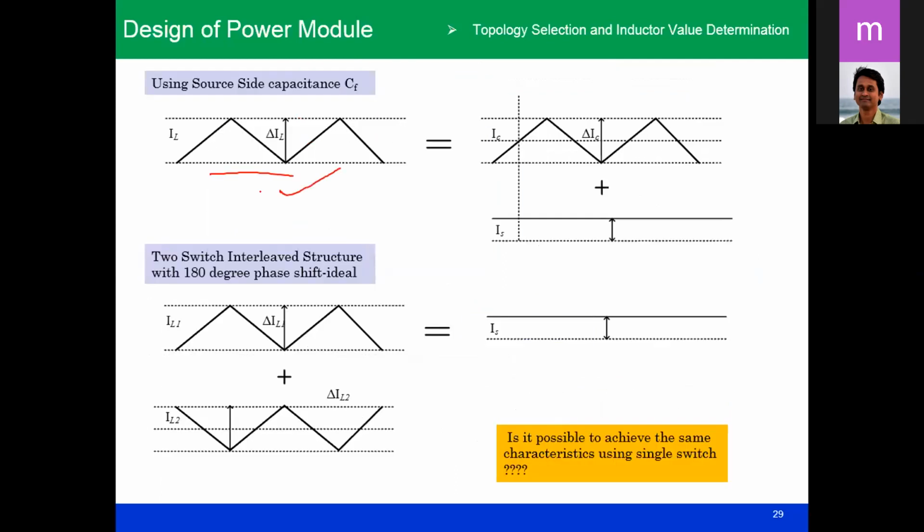That ripple current will definitely be there in the inductor, and this inductor ripple current can be decomposed into two sections: one is the input current, and one is the capacitor current. So if you want your source current to be ripple free, you have to make sure that all the ripple content is bypassed to the capacitor. So this capacitor does another important work: it bypasses the ripple content.